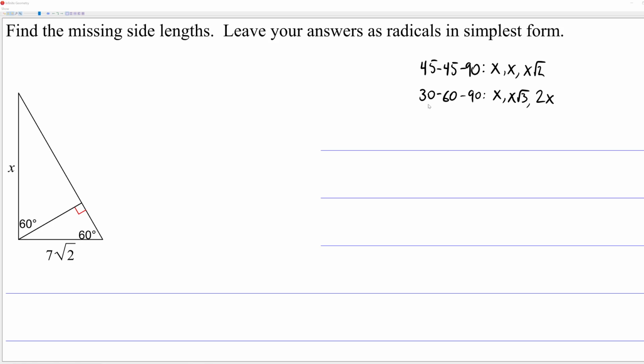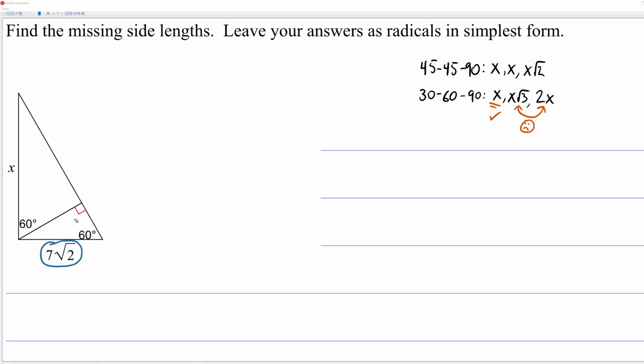Now, one thing to notice about 30, 60, 90 triangles: we typically don't move between the medium side and the hypotenuse. You could do this in one step, but really you'd just be performing two steps in one. So base everything on 30, 60, 90 triangles from the smallest side. So let's attack this problem. Here we have 7 times the square root of 2.